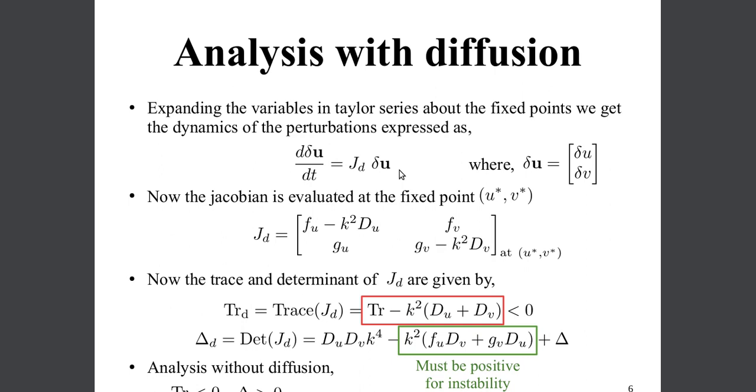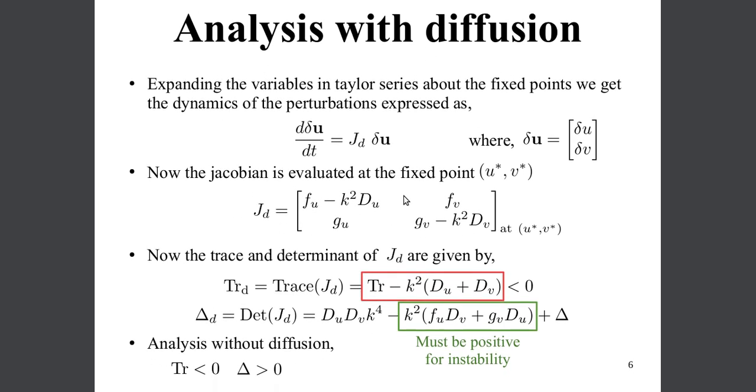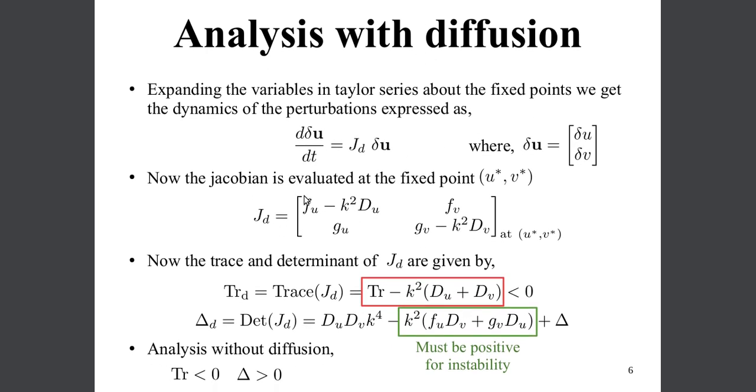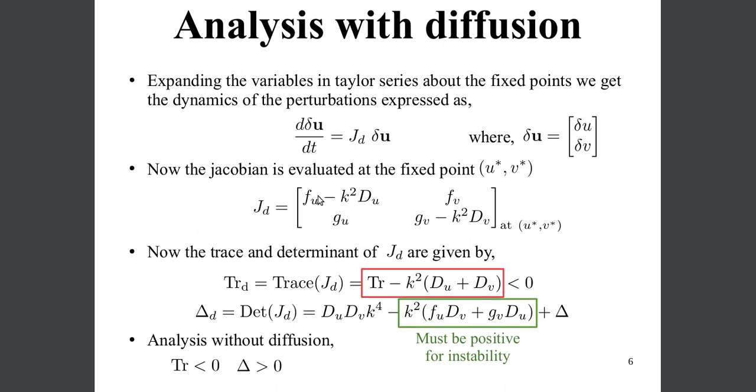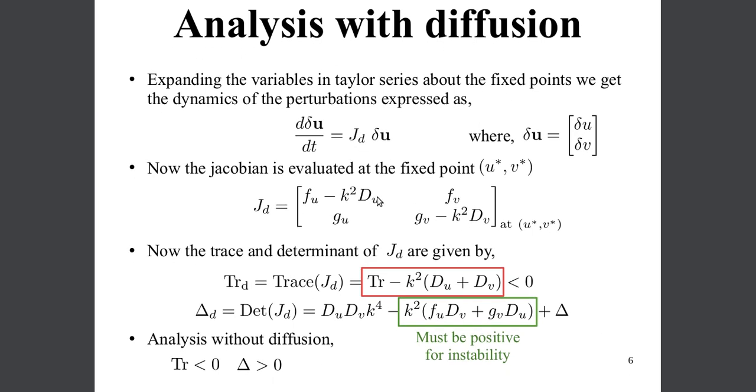Again, if you calculate this Jacobian matrix at the fixed point, it will give you this form, and the Jacobian is basically modified by minus k square Du. Du is the diffusion coefficient for the u species, and Dv is the diffusion coefficient for the v species.